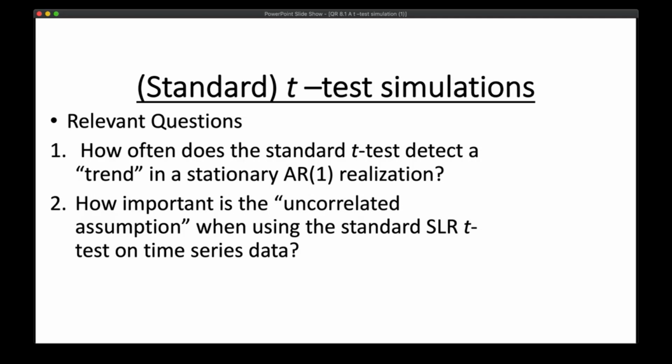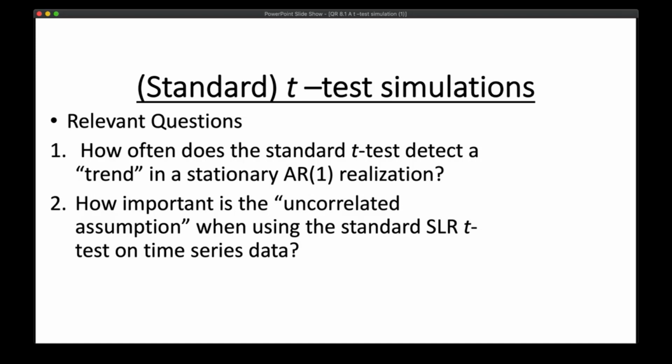A constant mean implies that there is no trend that depends on time, because if it's a constant mean, that means that the mean doesn't depend on time. So the question is, how often does this standard t-test make a mistake? Meaning, how often does this standard t-test say that yes, there's a trend in a data set that we know there's not?